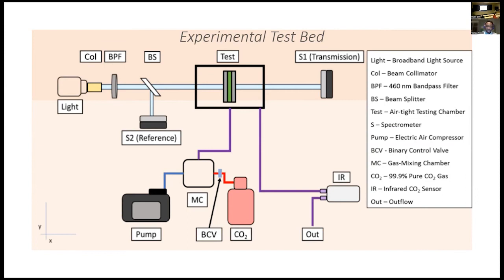At the same time, we have a room air pump and a canister of carbon dioxide, and then we have control valves to create gas mixtures of different levels. Then we can create CO2 step functions, which we are monitoring with another CO2 sensor, which is measuring the partial pressure of CO2 using infrared light.